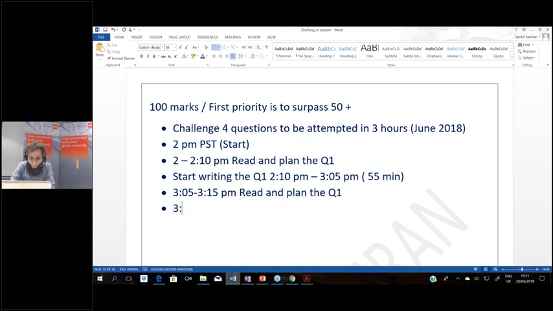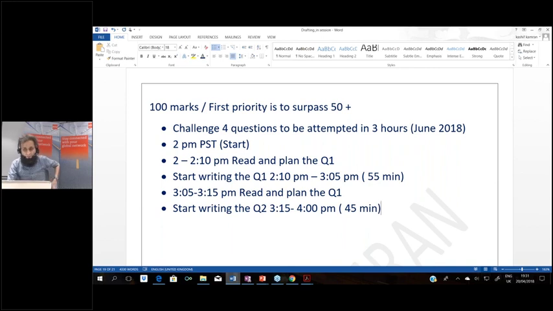Then from 3:15, start writing question 2 from 3:15 to 4 p.m. That is exactly 45 minutes.